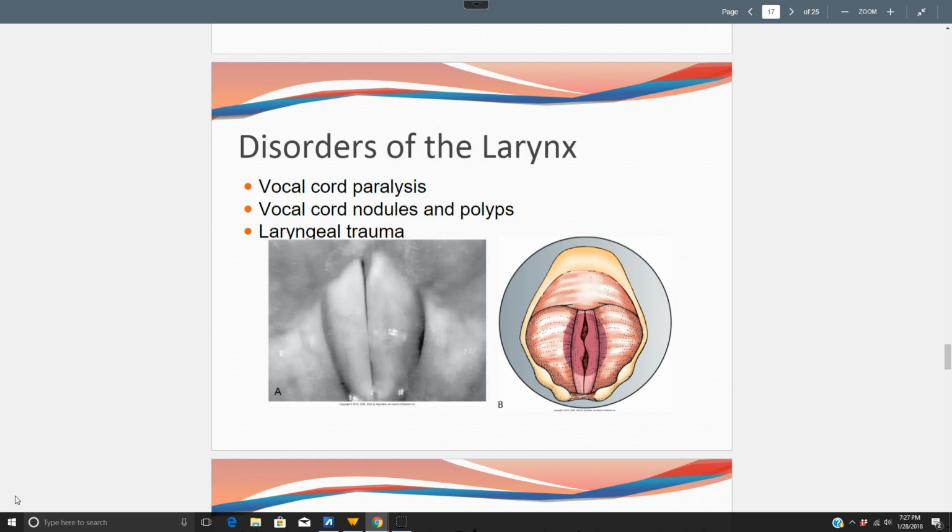The next one is vocal cord nodules and polyps. Your book doesn't talk about this, but I'll bring it up briefly because it was in the earlier edition, and some of you may have edition 7. The nodules are enlarged vocal cords that touch during speech.